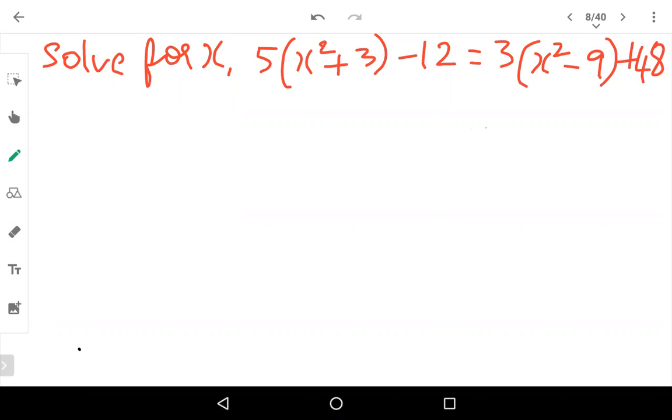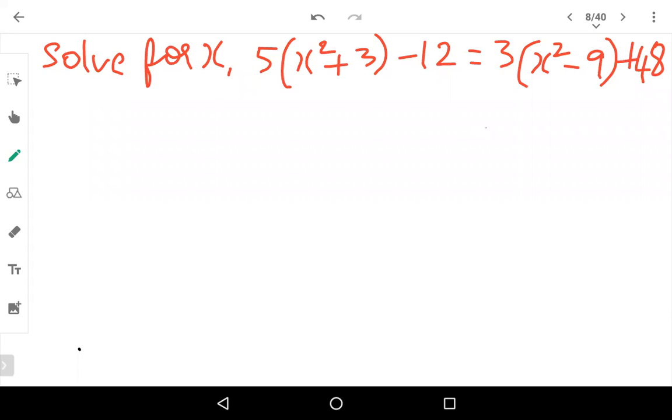Now, whenever there are equation problems, please copy down the question properly in the examination paper. That is very, very important, where all the students make mistakes. They will not see the complete question, or they'll not read the complete question. They'll not copy down the complete question.